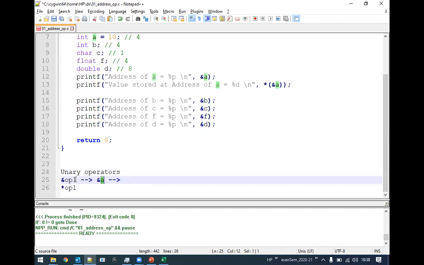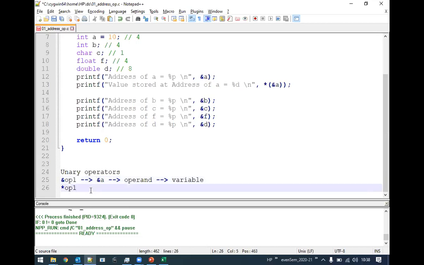The operand for this & operation is a variable. And for the indirection operation, the example is the star. The operand is an address of a particular variable, a memory address or a memory location.